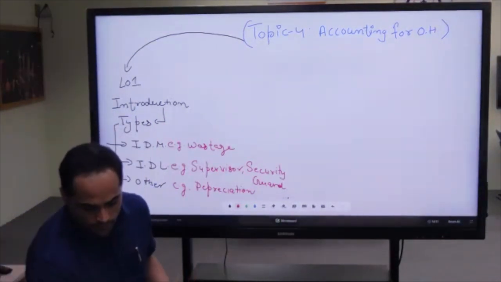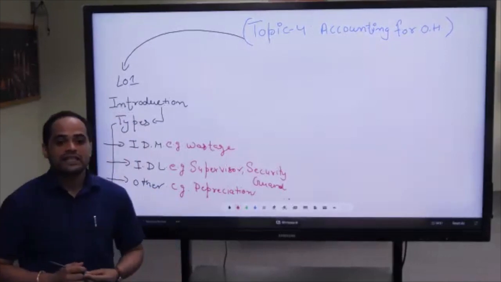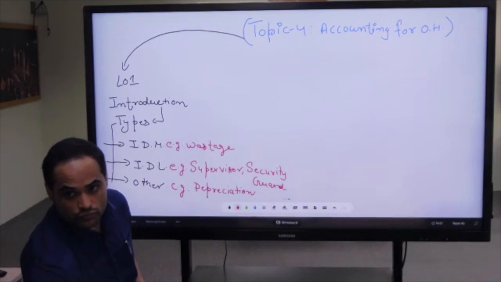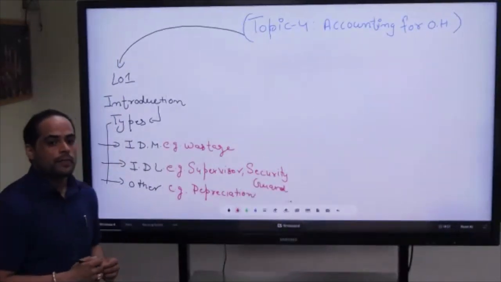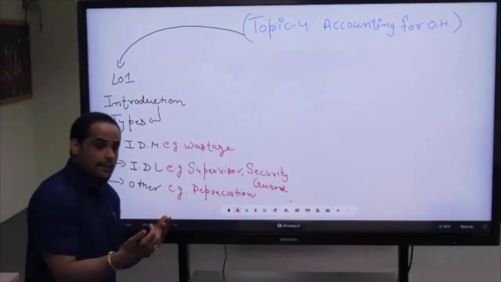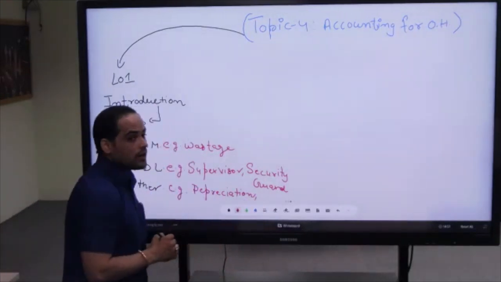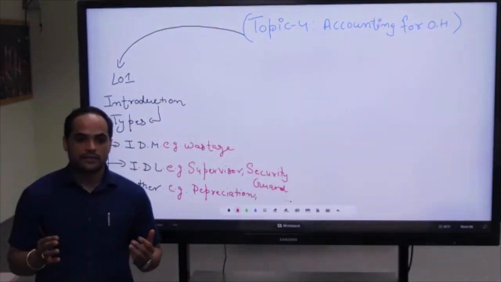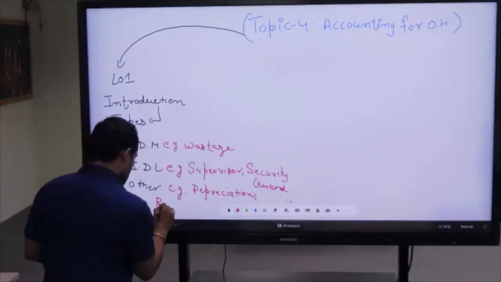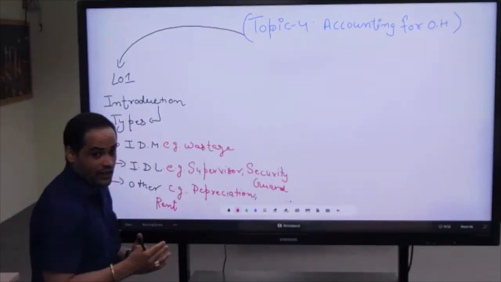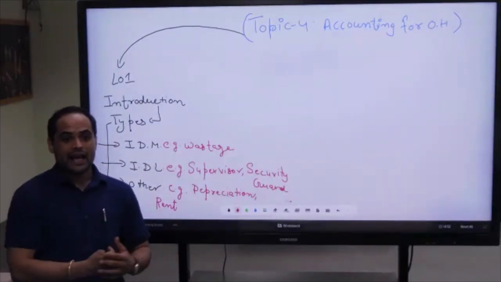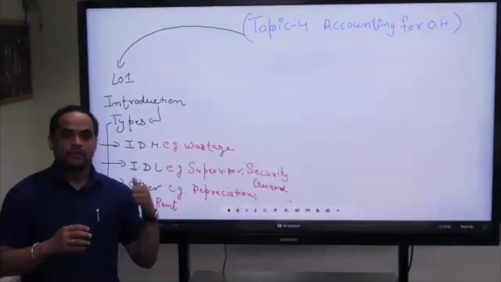That's called depreciation. So that's part of your other. Another example is factory rent, right? Let's say we are renting a factory, and over the period we have to pay rent. Whatever money we pay as rent, that is your other indirect cost.